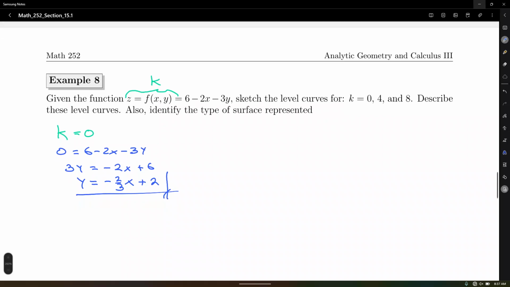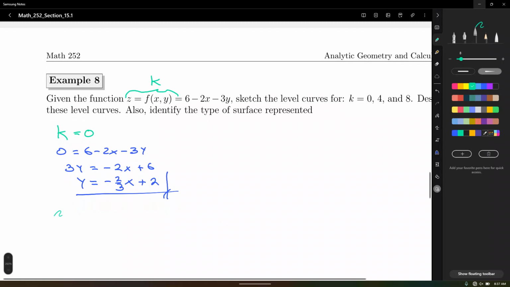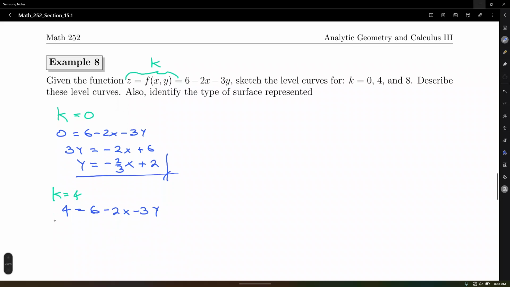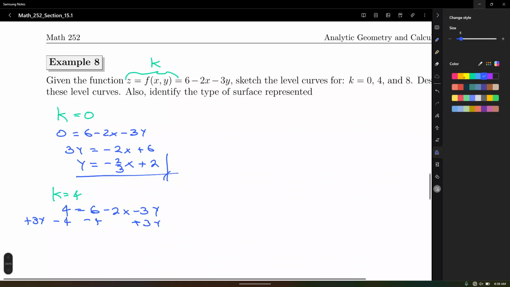Okay, number 2, for k equals 4. Replace the z with a 4. That equals 6 minus 2x minus 3y. So let's subtract 4 on both sides and add the 3y to both sides, simultaneously, to get the y solved by itself again.